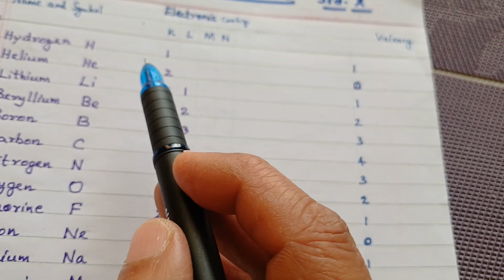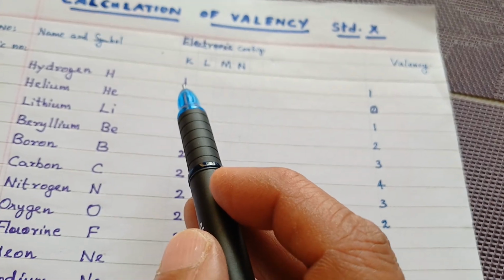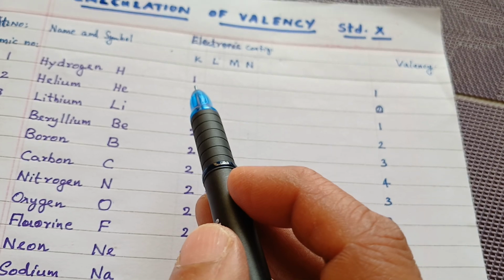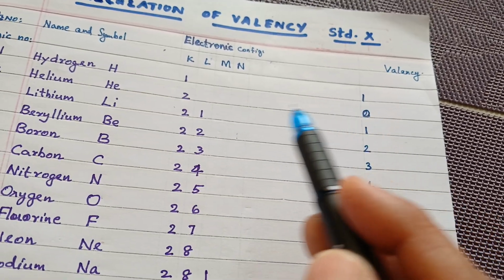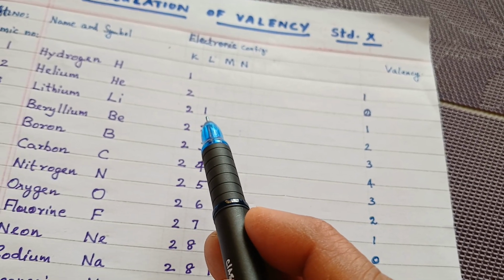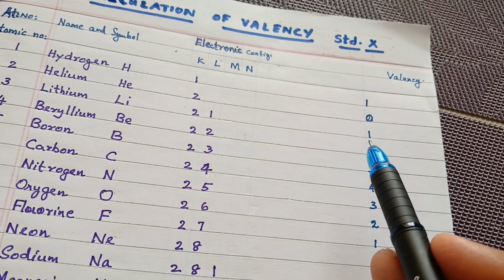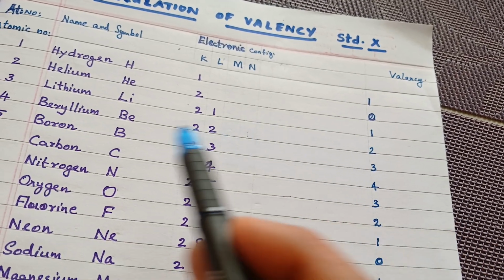For example, hydrogen is having only 1 electron, and that is in the K shell. So the valency of hydrogen is 1. Then lithium is having electronic configuration 2, 1. It is having 1 electron in its outermost shell. So it is having a valency of 1.